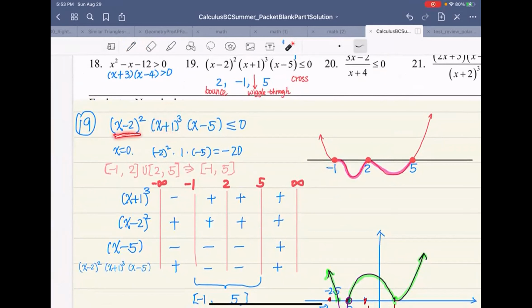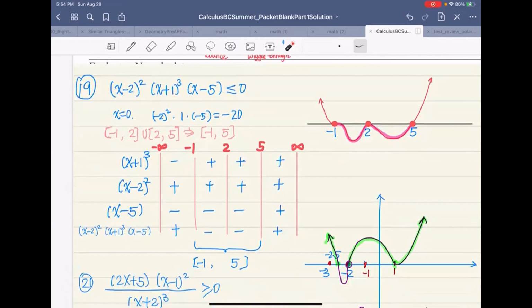X minus 2, x equals 2 is the second one. So you put the roots here. You put this order not because of 3, 2, 1. No, you put this order because x equals -1. You put this x minus 2 here because 2 is in the second position. You put x minus 5 because 5 is in the last position. You put this order.